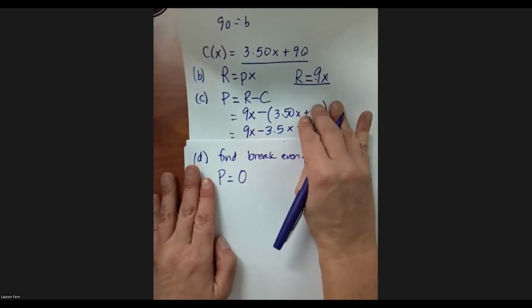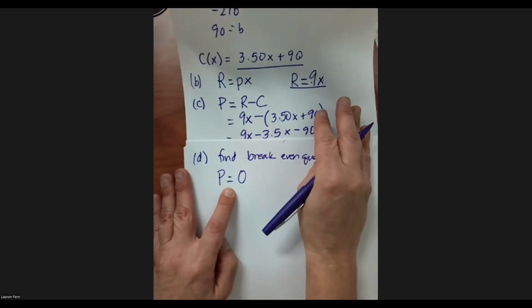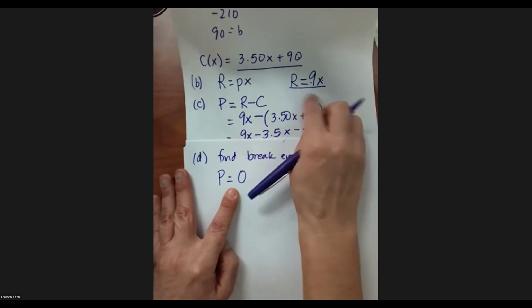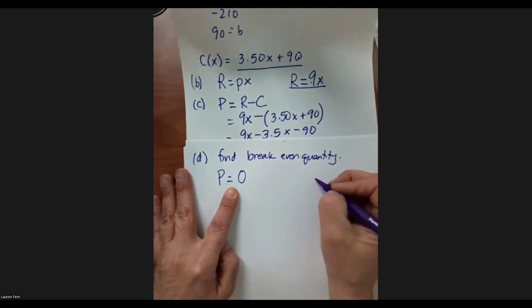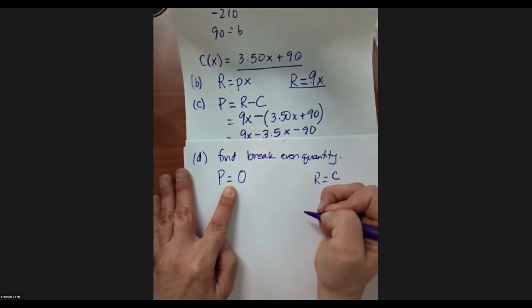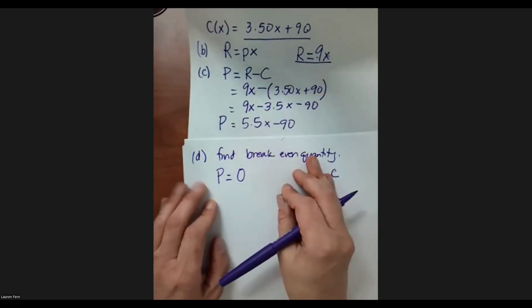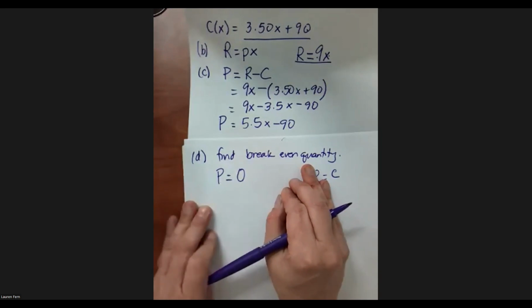Another way you could do it, which is absolutely equivalent, is we know that we have 0 profit when our revenue is equal to our cost. Either way. But since we already found our profit function, we might as well, yippee, use it.